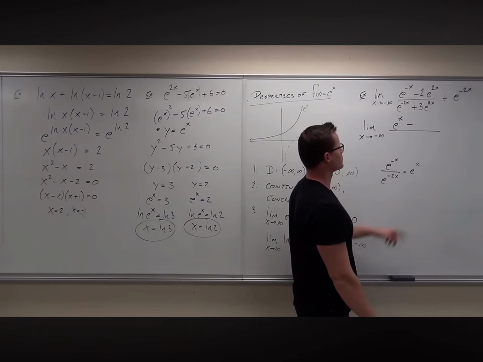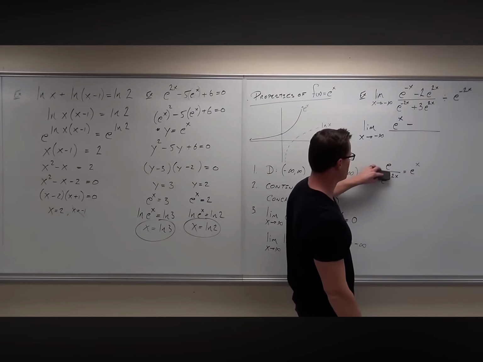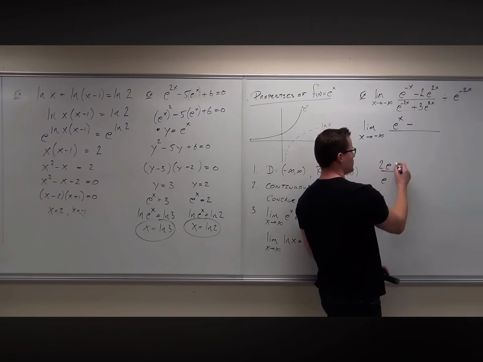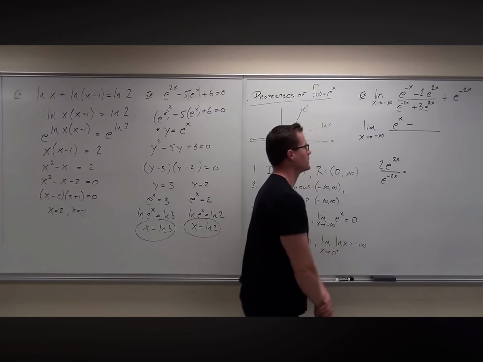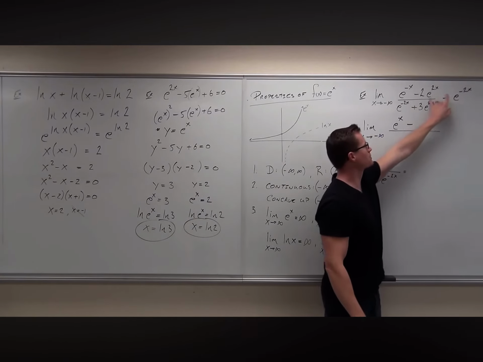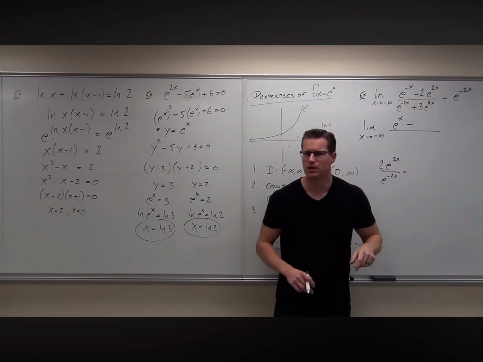How about this one? Let's do that one. Here we have 2e to the 2x over e to the negative 2x. Remember that we're dividing each term by this. What's our answer going to be?